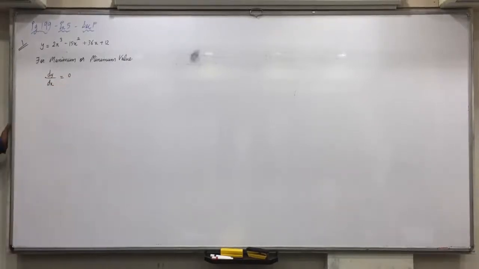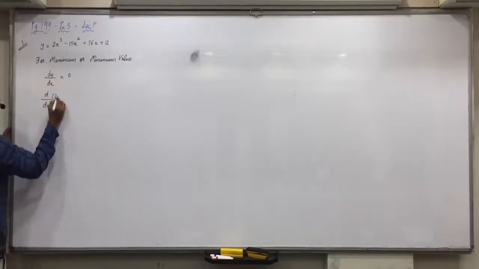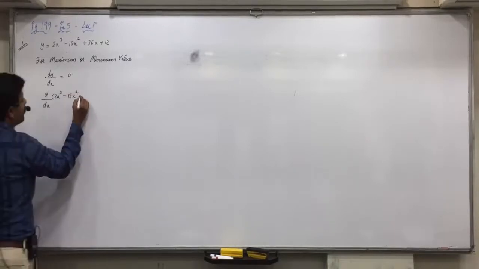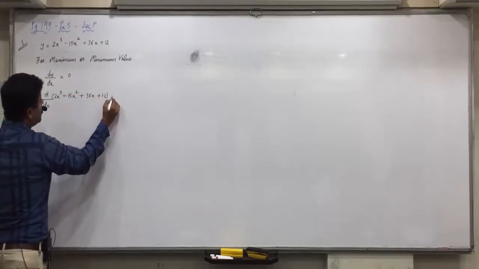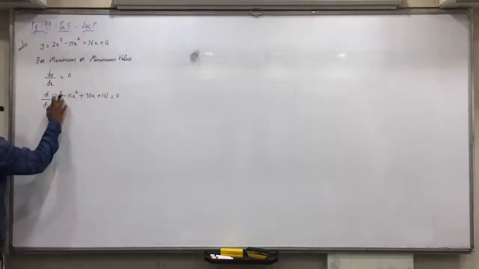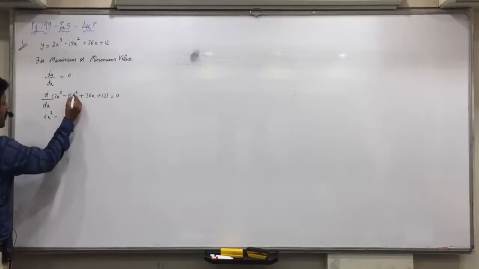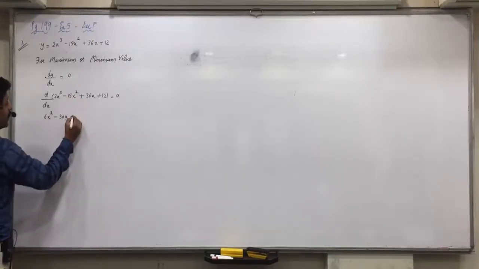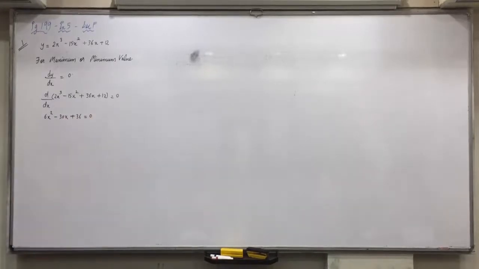Did you understand this? So d upon dx of 2x cube minus 15x square plus 36x plus 12 must be equal to 0. 2 into 3, 6x, 3 minus 1, 2. 15 into 2, 30, x, 2 minus 1, 1. And 36x becomes 36, 12 becomes 0.